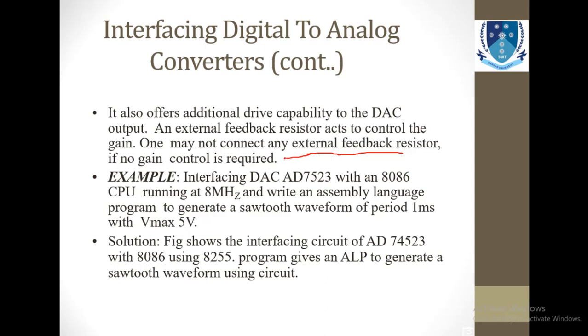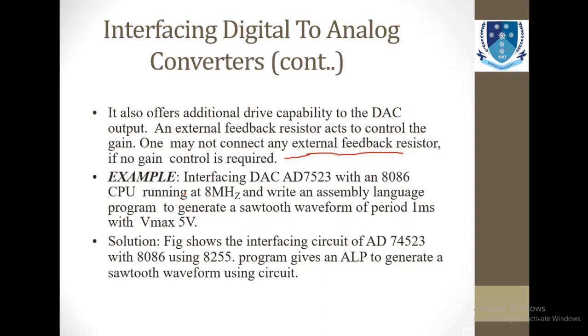So there is a small heat dissipation across the circuit, and a slight amount of signal is lost. So if you want to gain back that signal, you can also add gain, and for that you need to have a feedback resistor. But if you have a good IC, you will not need this external feedback resistor, so there will be no gain.